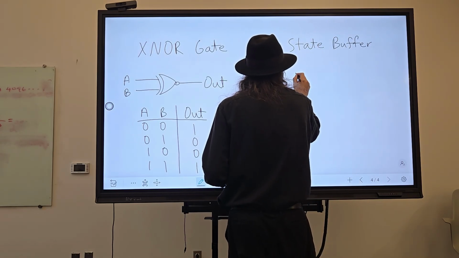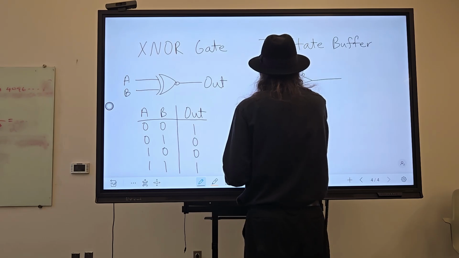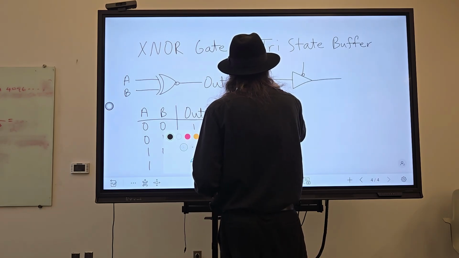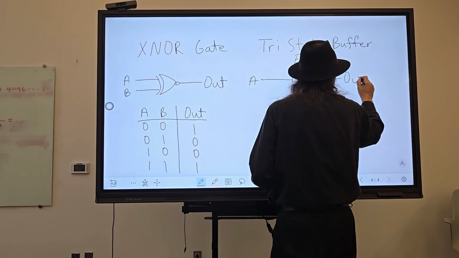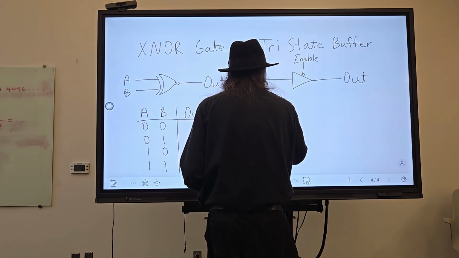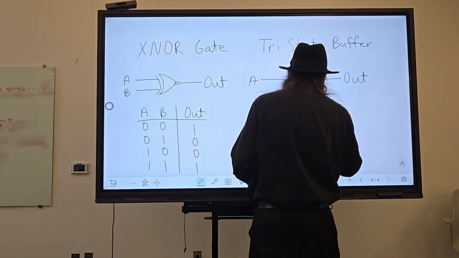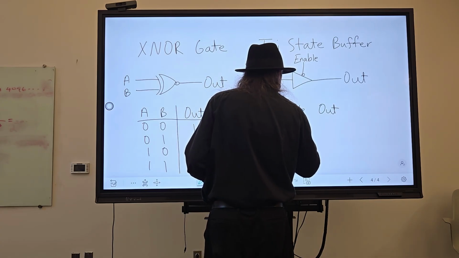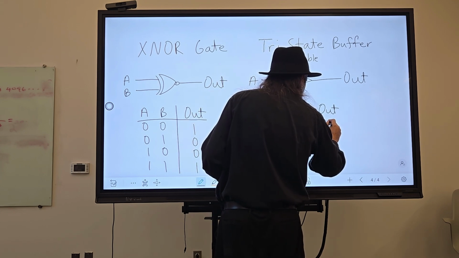And the state table for this is if the enable is high, it doesn't matter what X is, the out will be high Z.